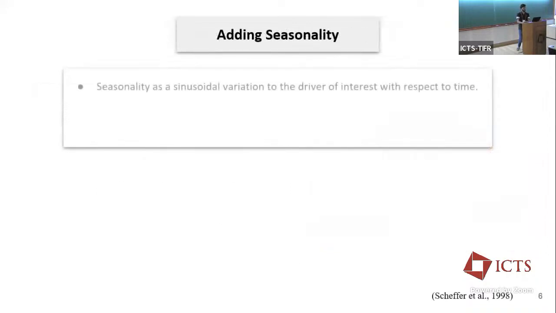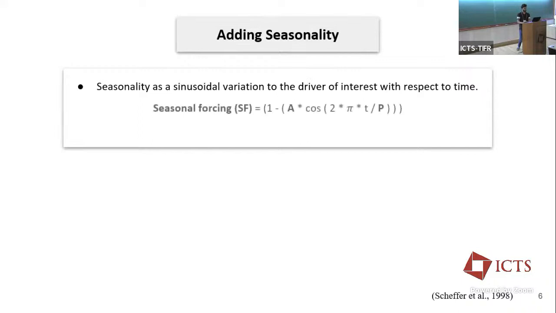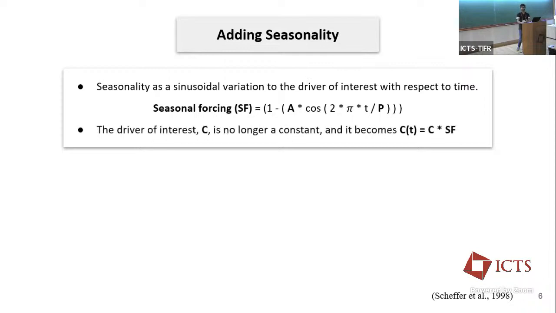So to summarize how I add seasonality into such a mean field model, I have modified the seasonal forcing method, which has been used in a previous study by Scheffer. So I choose one of the drivers of interest in the system and add seasonal forcing as a sinusoidal wave.